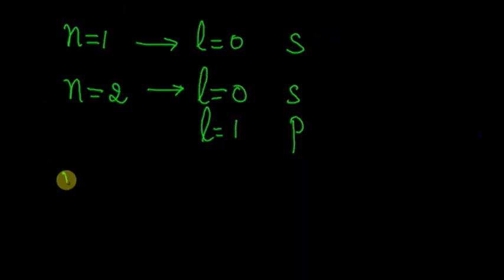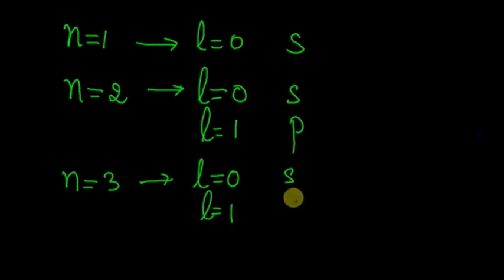For n equal to 3, L can take L equal to 0 value, which is S, L equal to 1 value, which is for P, and L equal to 2, which is for D. For n equal to 4, you will have 4 values of L, where all the S, P, D values follow, and L equal to 3 for F. Now, here's an interesting aspect to look at.